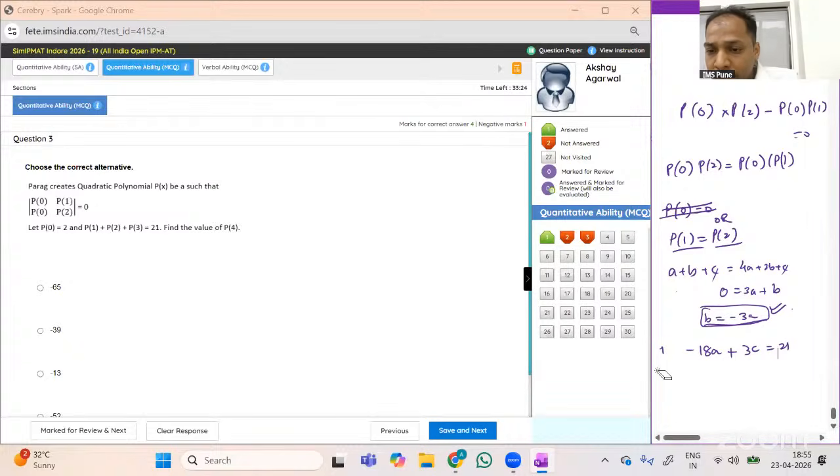Therefore minus 4A plus 3C is 21. And therefore A is equal to 3C minus 21 by 4.